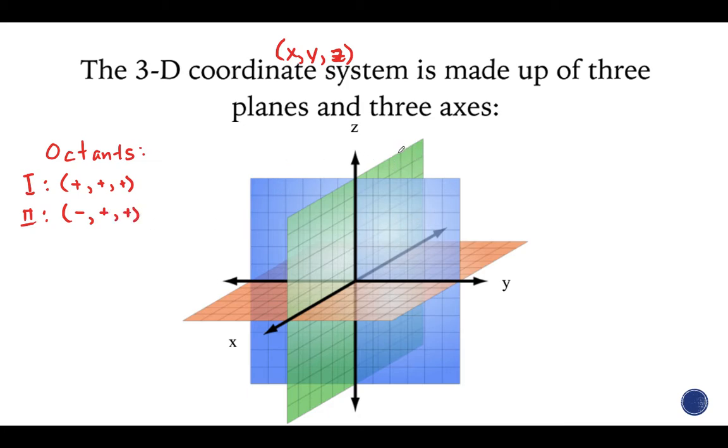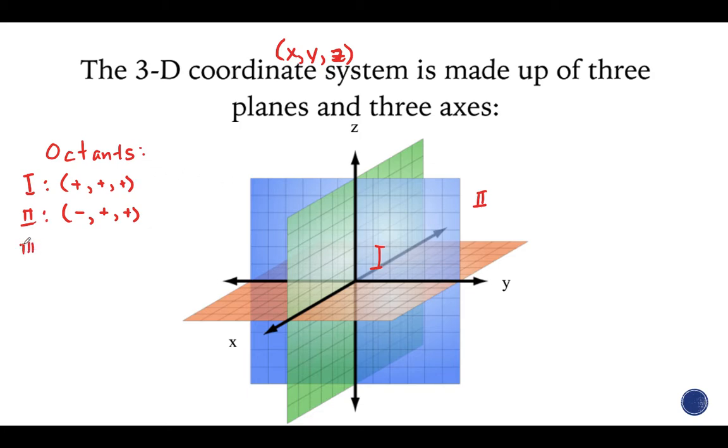So if you can visualize this in 3 dimensions, right, octant 2 is sitting back here, all right? So this would be octant 2 behind the blue, above the orange, and to the right of the green, okay? Octant 1 is sitting right here in these spaces all around. Right towards the front of us, right? Above the orange, in front of the green, and in front of the blue, okay?